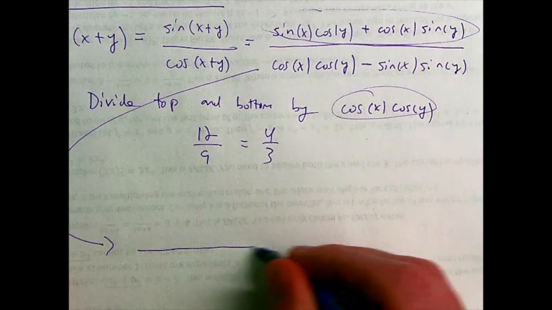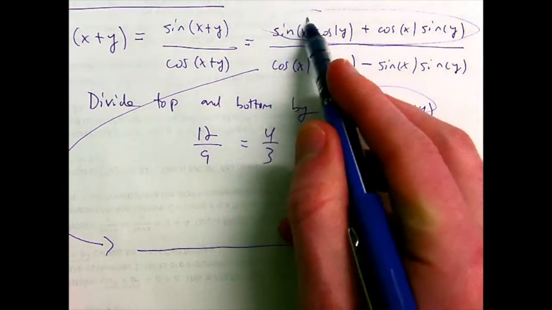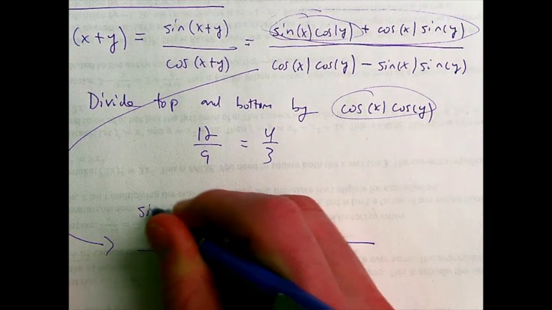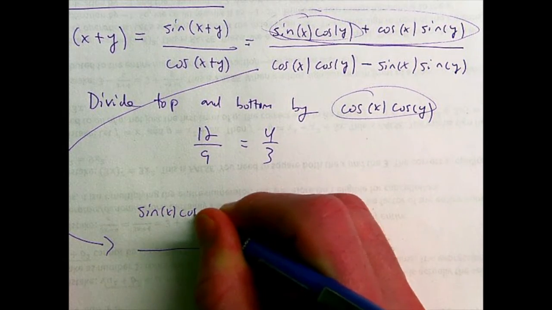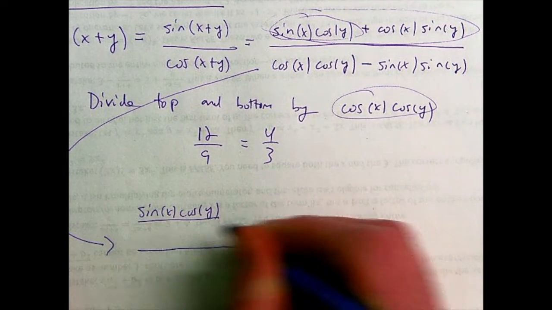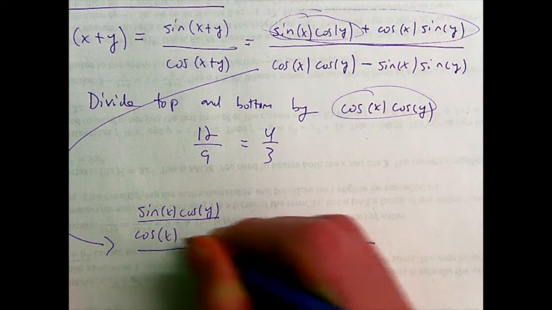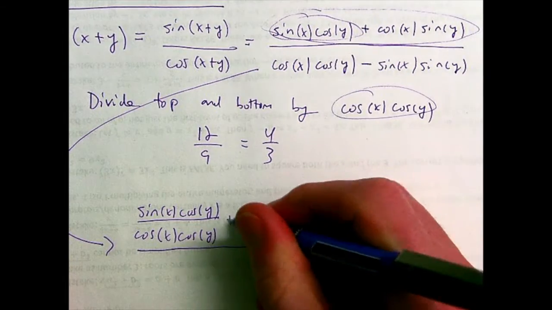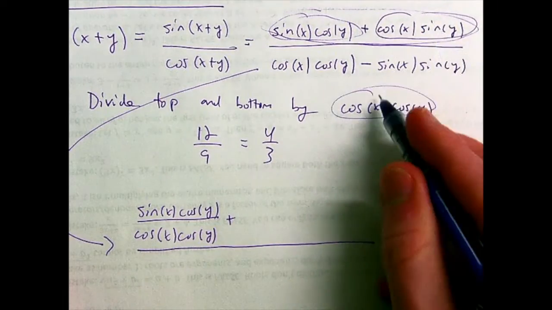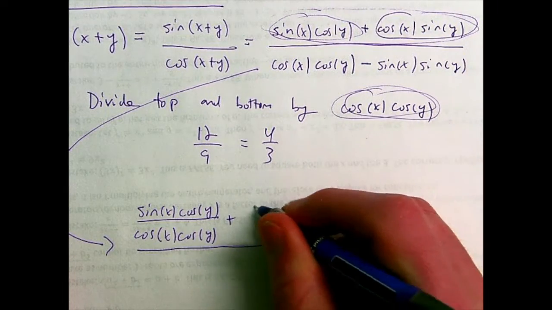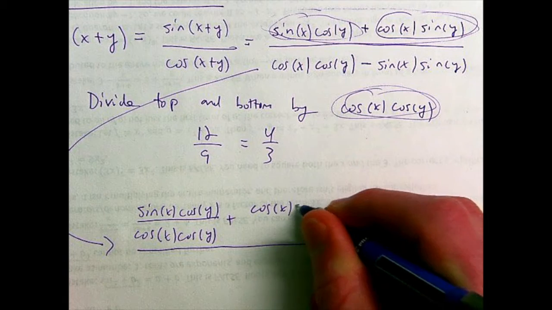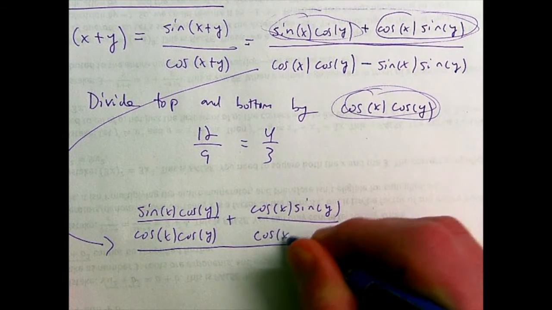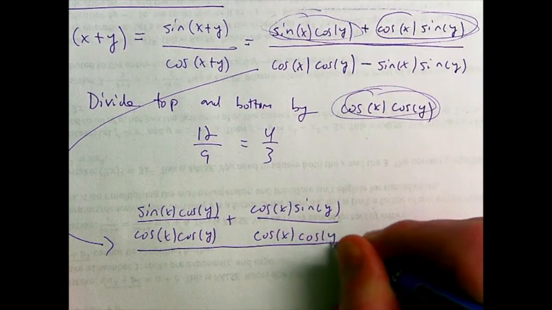So here's the big fraction bar. I'm going to take this term here and divide by cosine x, cosine y. So that's sine of x, cosine y over cosine x, cosine y. And then I have a plus. I'm going to divide this term by cosine x, cosine y. So everything's getting hit over cosine x, cosine y.